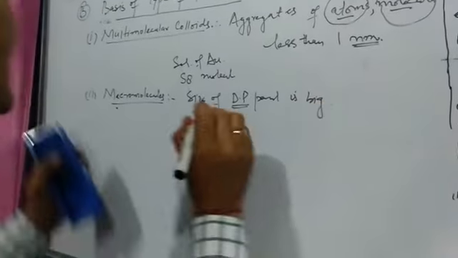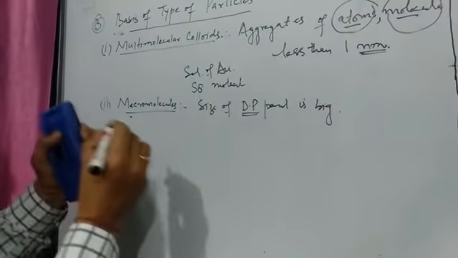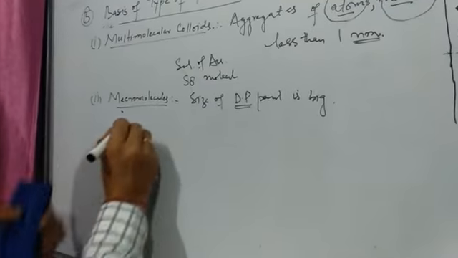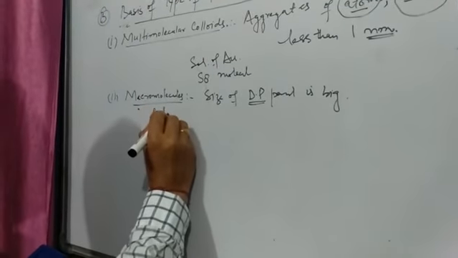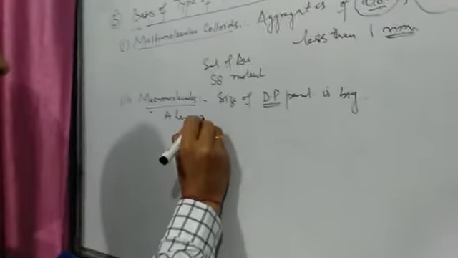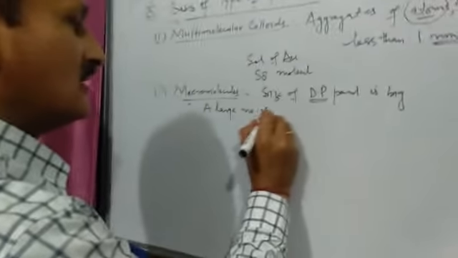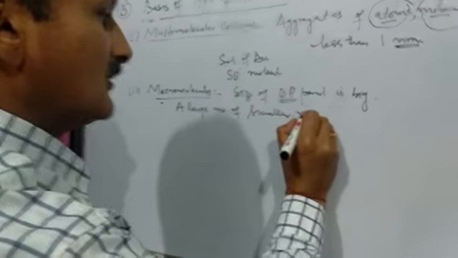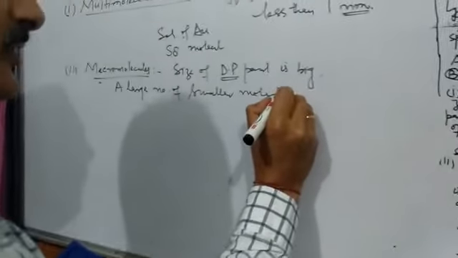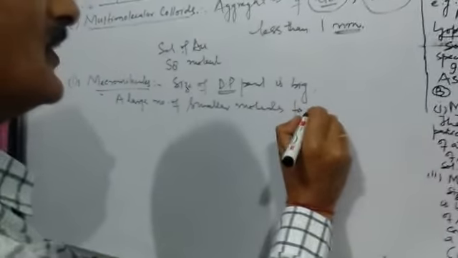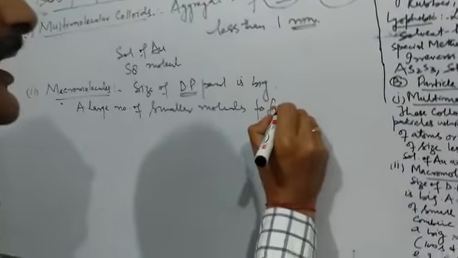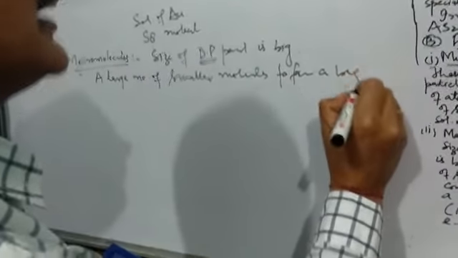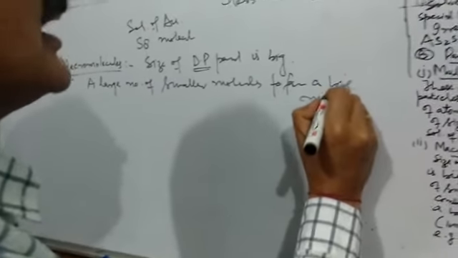So what happens in these macromolecules? A large number of smaller molecules combine to form a big molecule, and that big molecule is known as macromolecule.